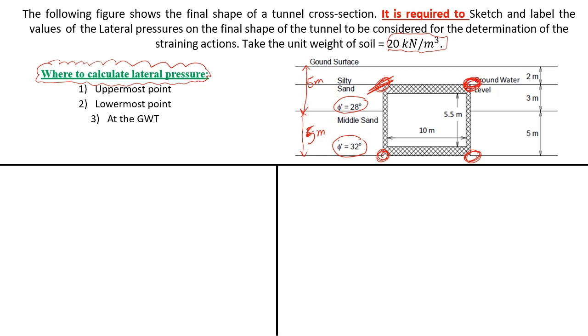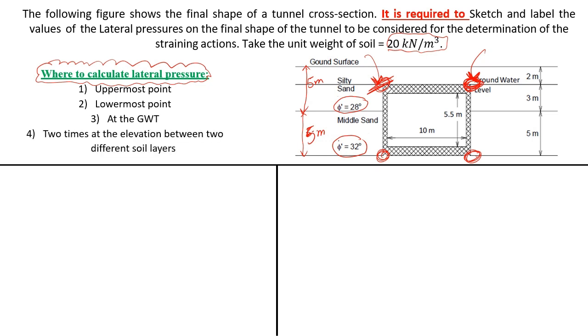So this point represents the uppermost point, and at the same time it represents the location of the groundwater table. You must calculate the lateral earth pressure at this point.